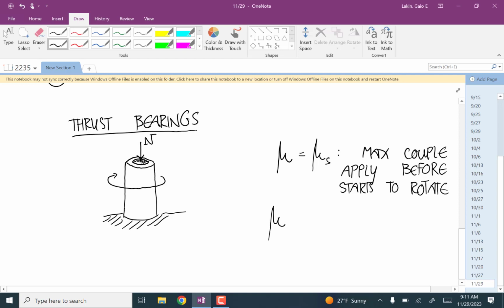This is less common, but if this is the kinetic coefficient of friction, what you're calculating is the couple required to keep it rotating with a constant angular velocity.